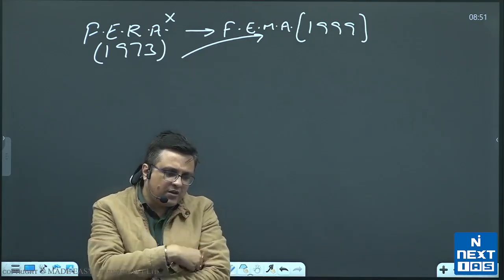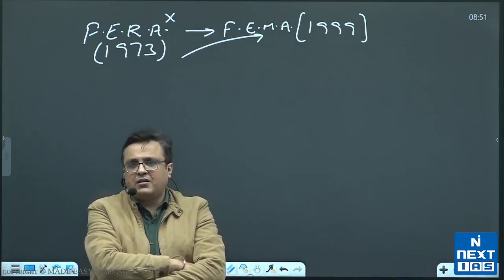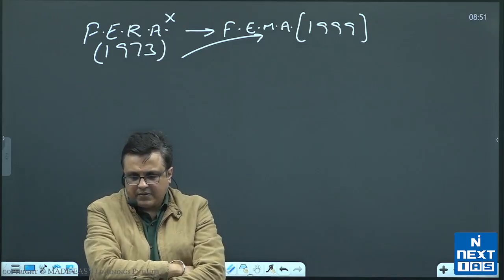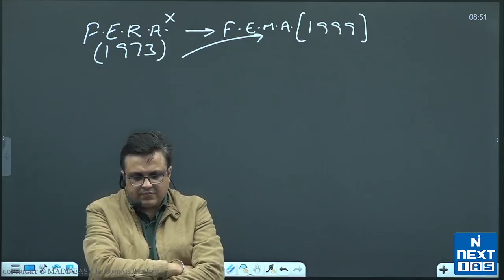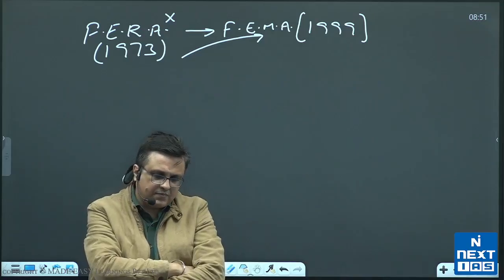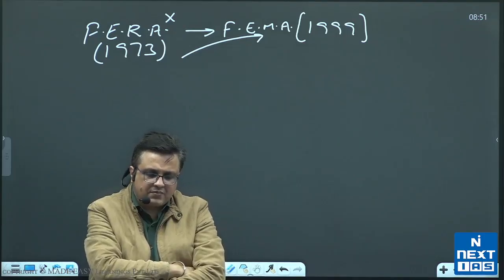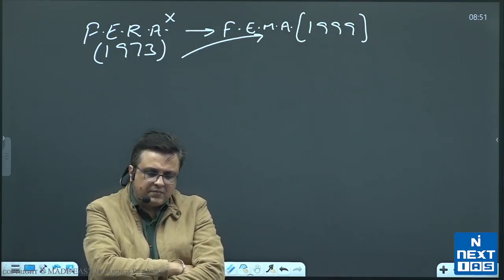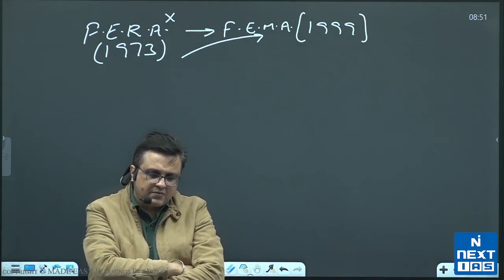Then you write third point. Under FERA, private firms were not allowed to make foreign borrowings, in a bracket you write external commercial borrowings.